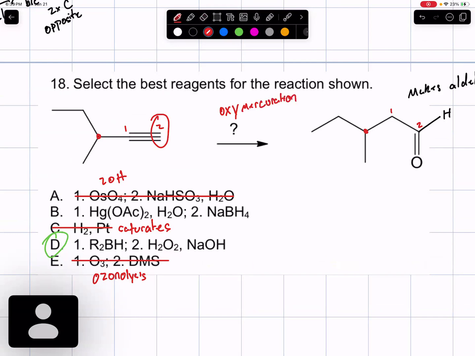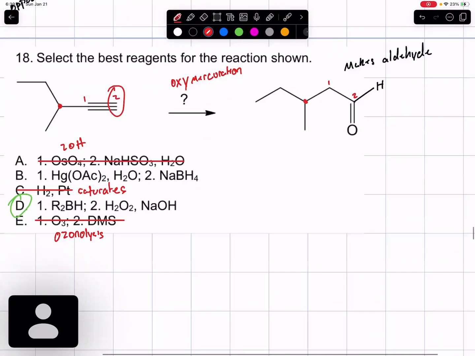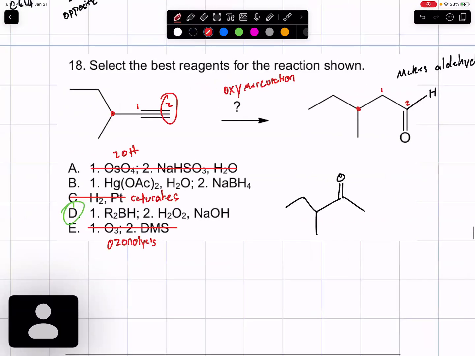If this reagent was oxymercuration, what would our product look like? Or what functional group would it be? Ketone. It would be a ketone. So it'd be almost the same thing, but it would be a ketone. Does everybody see that? We added that carbonyl at carbon number 1 instead.